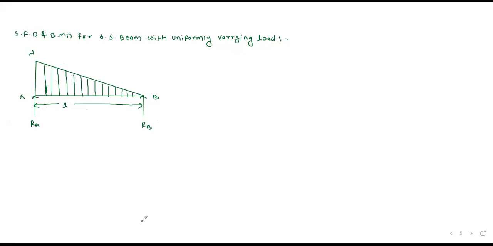Now you try to calculate RA and RB and give me the answer in the next lecture. Calculate reactions only. Then we will continue with how to calculate shear forces and bending moments in the next lecture. So homework for you is to calculate reactions only.